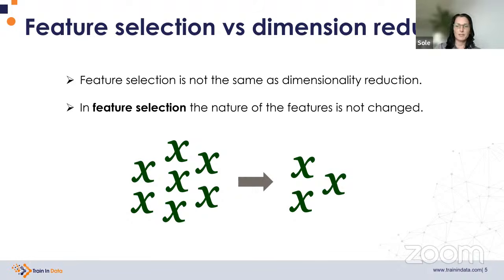And this is very important because this is what allows us to then understand what our models are telling us. Whereas techniques of dimensionality reduction create new features by combining the existing features in the data, so then the interpretability of those new features is a little bit harder.